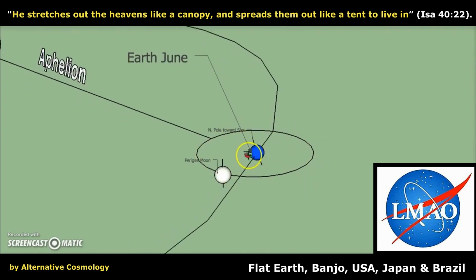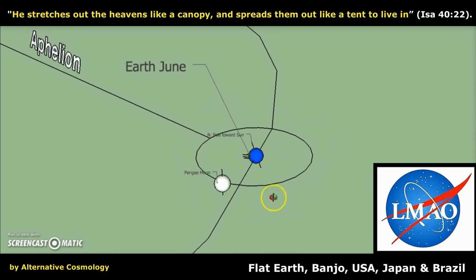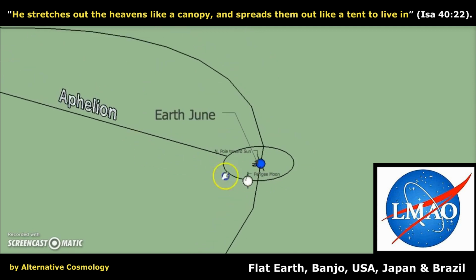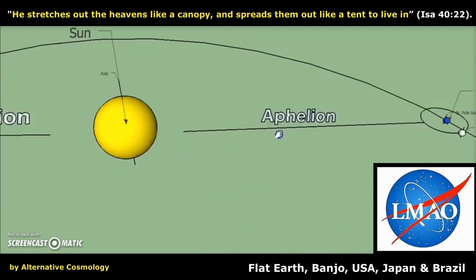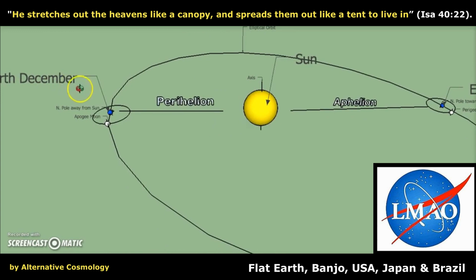It completes its elliptical orbit, that's also an elliptical orbit, once every 28 days. So every 14 days, it's perigee, and then the next 14 days, it's apogee, perigee, apogee. Whereas with the sun, every 6 months, it's aphelion in June, and every 6 months, it's perihelion in December.